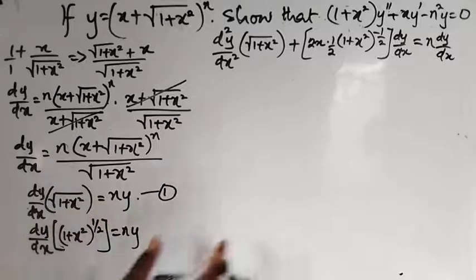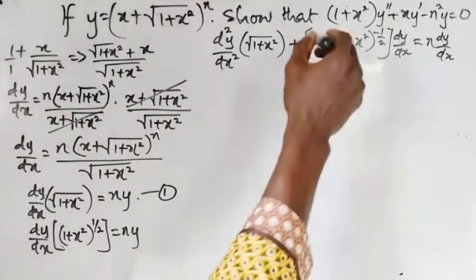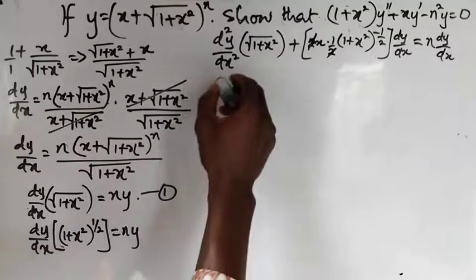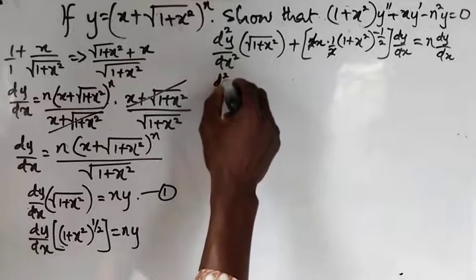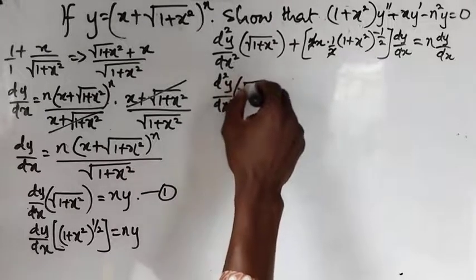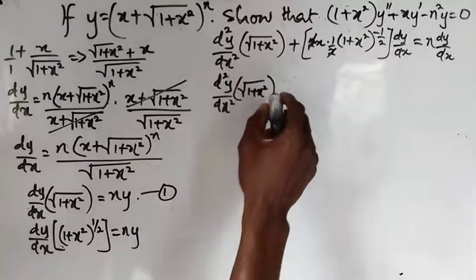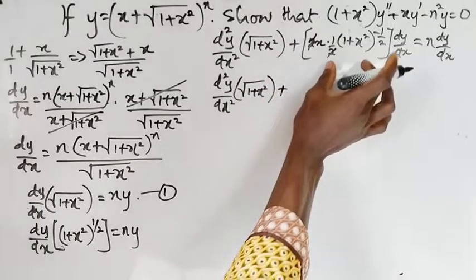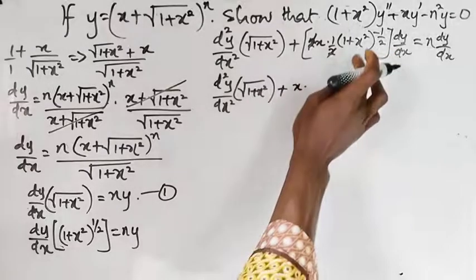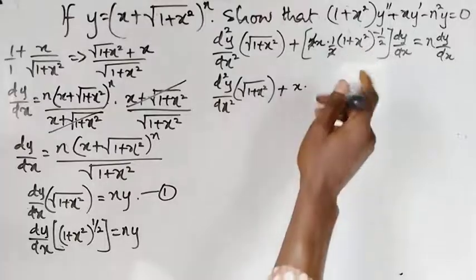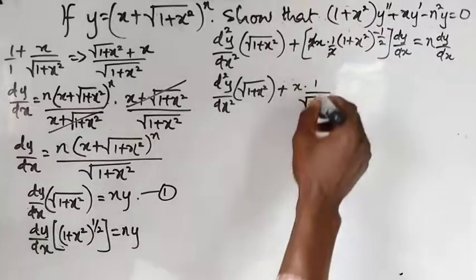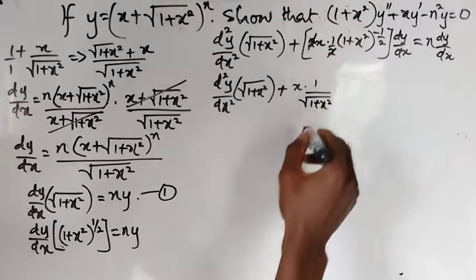Okay, so here we cancel this. All right, so we are now left with d²y over dx² times the square root of 1 plus x², now plus, okay, this now will give us x, then times, here we now have 1 over the square root of 1 plus x².